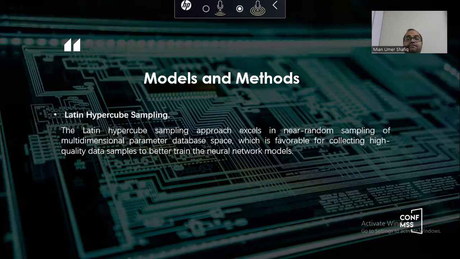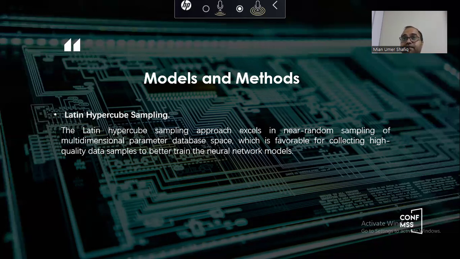The next stage is Latin hypercube sampling. As I mentioned earlier, Latin hypercube sampling (LHS) is a stratified sampling approach that excels in near-random sampling of multi-dimensional parameter space, which is favorable for collecting high quality data samples to better train the neural network models.